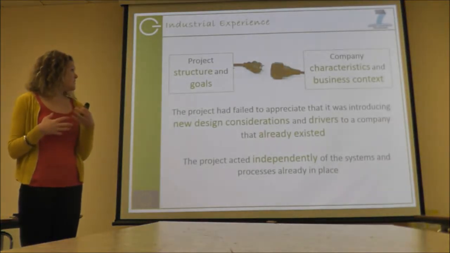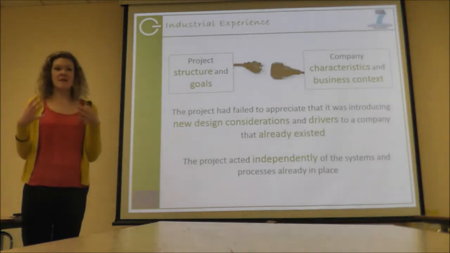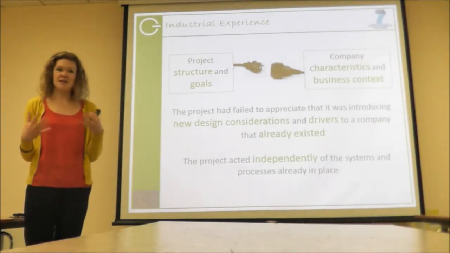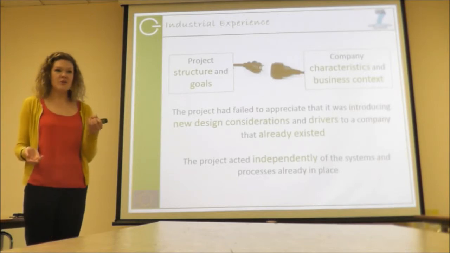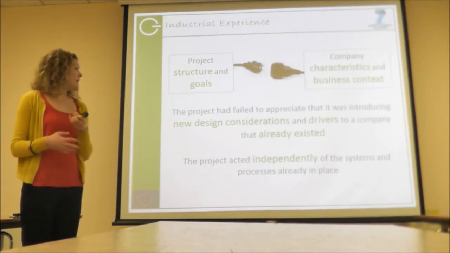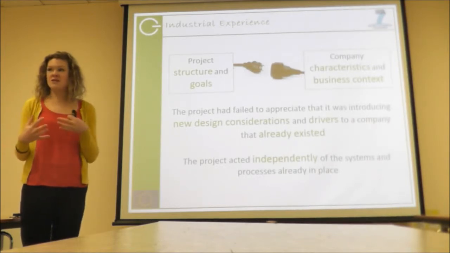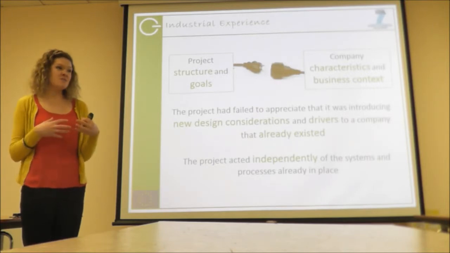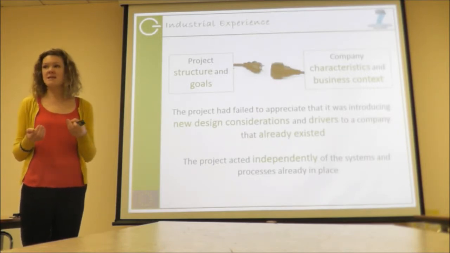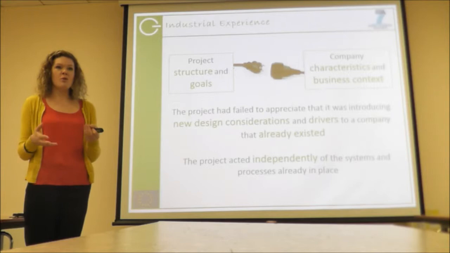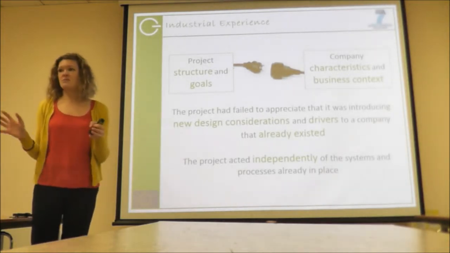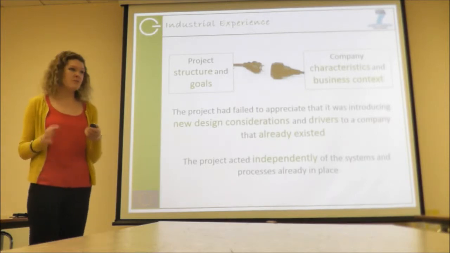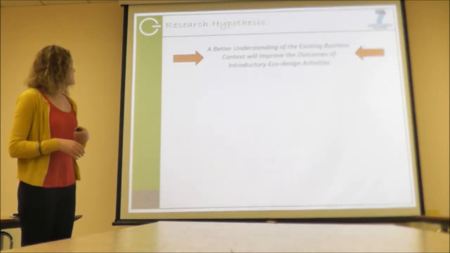Essentially the project had applied an eco-design process, the theoretically approved eco-design process, to a company that already had a design process in place, and drivers and motivations and communication systems throughout the company that already existed. By applying this on top of a company already working, it really forced the project to act independently from the existing system.